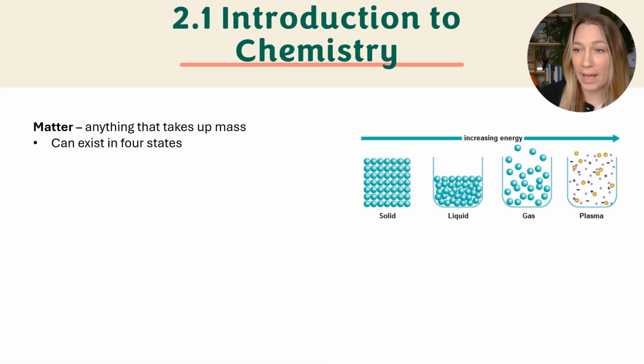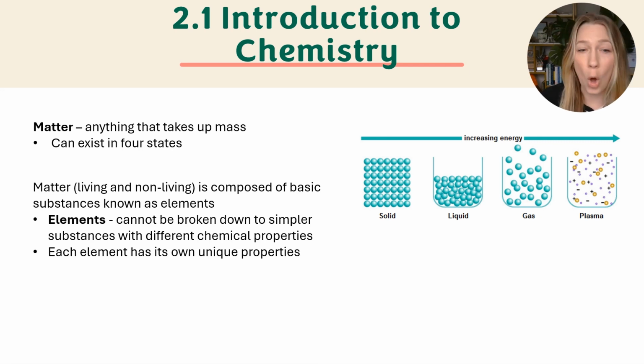So let's begin with matter. Matter is defined as anything that takes up space and has mass, and it can exist in four states: solid, liquid, gas, and the lesser known, plasma, is the fourth state of matter. Whether we're talking about a cell, a rock, or a glass of water, all matter is composed of elements.